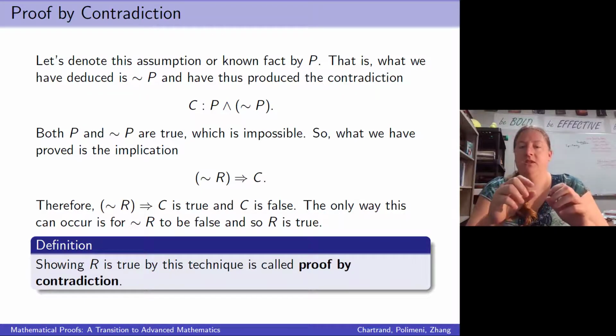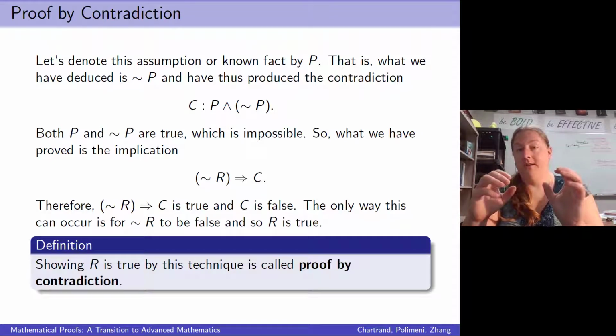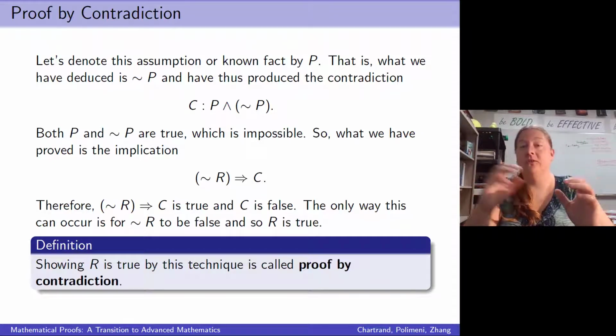So for an implication to be true when the conclusion is in fact false, we know that our not R statement must also be false. So we must have false implies false. That's the only way that we have a true implication. That means that not R is false, which means that our assumption was wrong and that R is in fact true. So that's the logic that's going on behind a proof by contradiction.